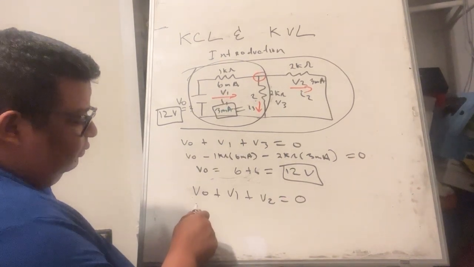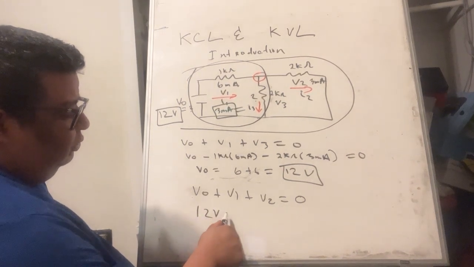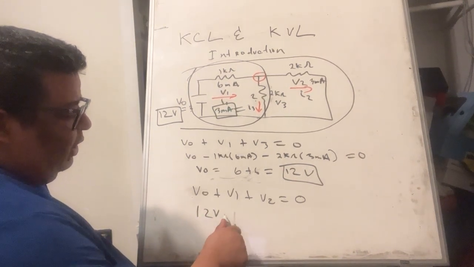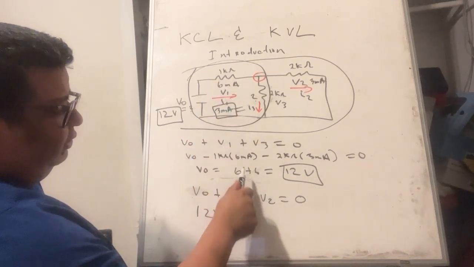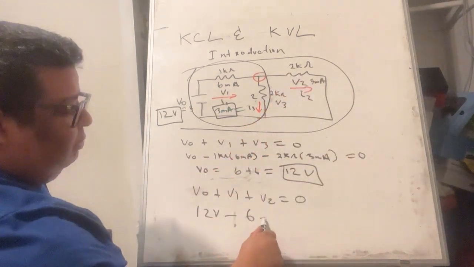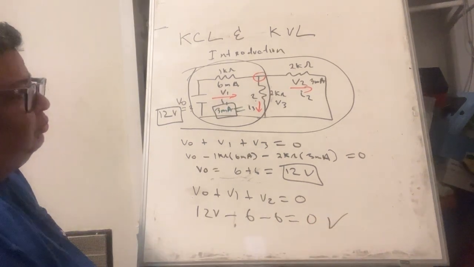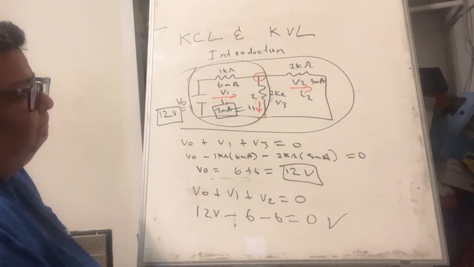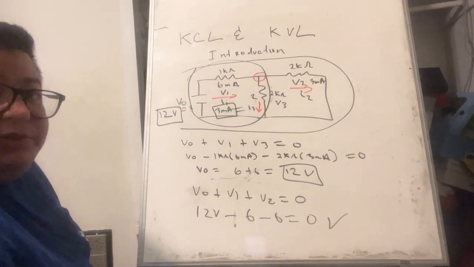V0 is equal to 12 volts, then minus V1, which we found is 6, and then 3 times 2, which is 6. 6 minus 6 is indeed 0, so this checks out. So we do have an answer.